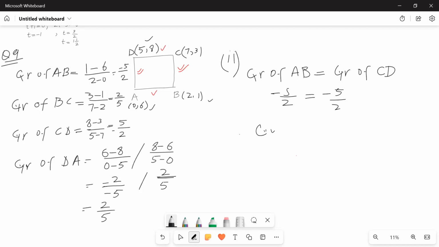Then gradient of BC is equal to gradient of DA, so it is 2/5. What do we observe here? The gradients of opposite sides are equal. We will write here.